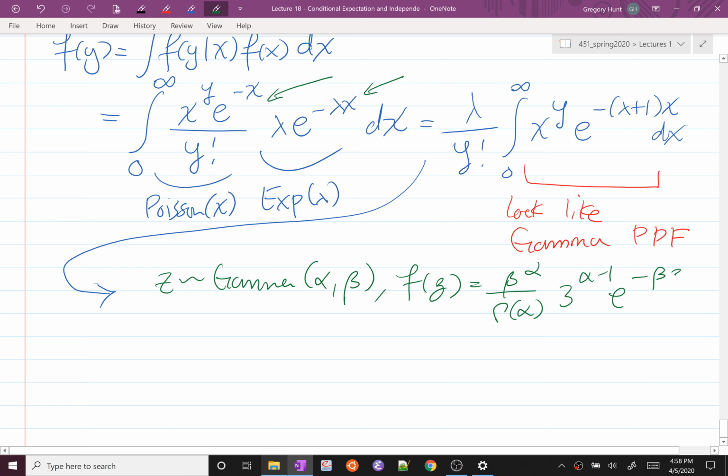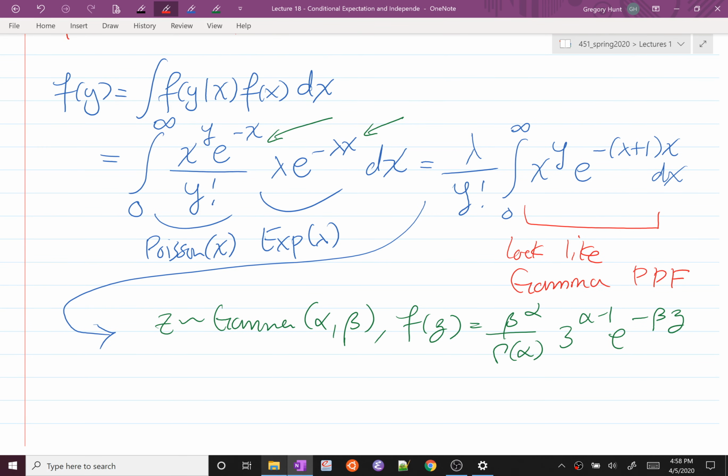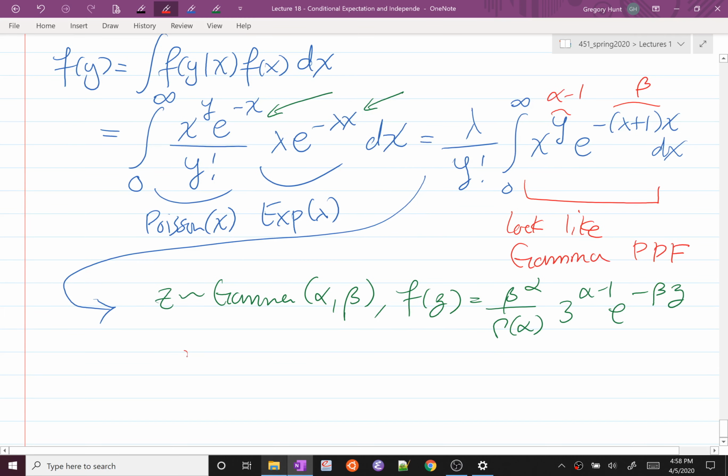So what I have to identify here is that it looks like a gamma in x, so y is alpha minus 1. Beta is lambda plus 1. So it's basically a gamma, where alpha is then y plus 1, and beta is lambda plus 1.